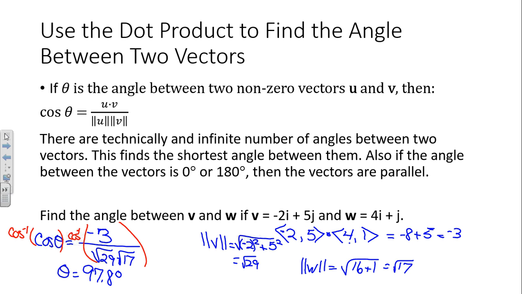Now let's verify. Let's see if that actually makes sense. We had a vector v that was at negative 2, 5, so 2 back, 5 up. Here's that vector v, and w was 4, 1.